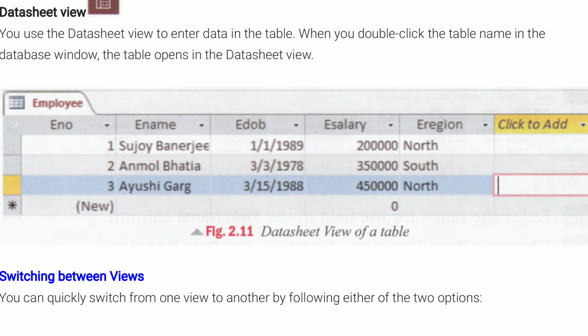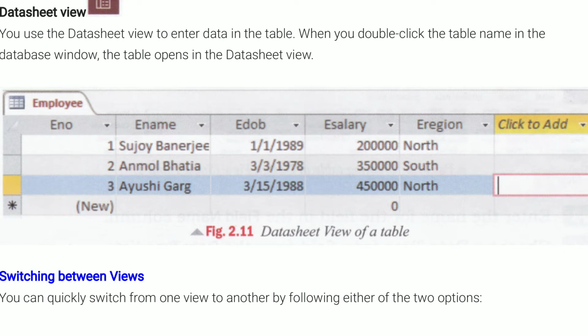When the data is entered in the datasheet view, the data type and the size of the field are determined automatically. Although datasheet view is more suitable for adding or updating records in a table, we can still use it to create a table or to later modify its structure.